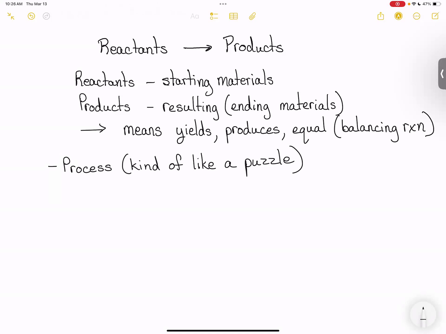I can give you hints. But when I balance a chemical reaction, sometimes I get it on the first try. Sometimes it takes me 3 and 4 tries. It's kind of like a puzzle. Sometimes you fit the piece in, no problem. Other times it takes you a while.